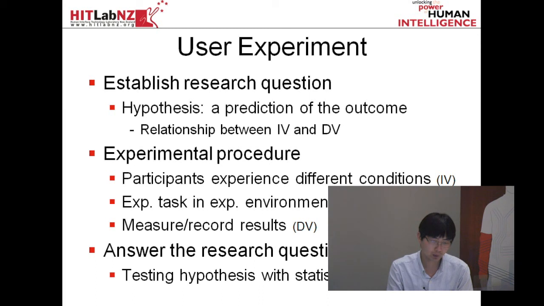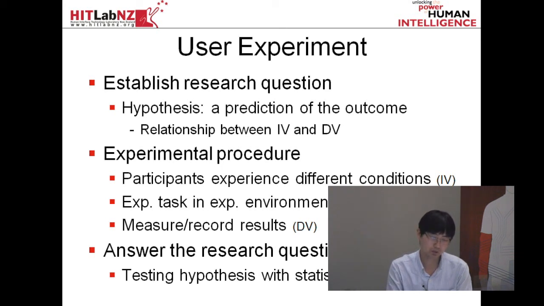And then once you have that hypothesis, then you run an experiment. Of course, you'll have to carefully plan for what kind of task you're going to ask the user to do, or what kind of conditions you're going to let them go through, and what kind of environment you'll put them in, and how to measure all of those dependent variables and so forth.